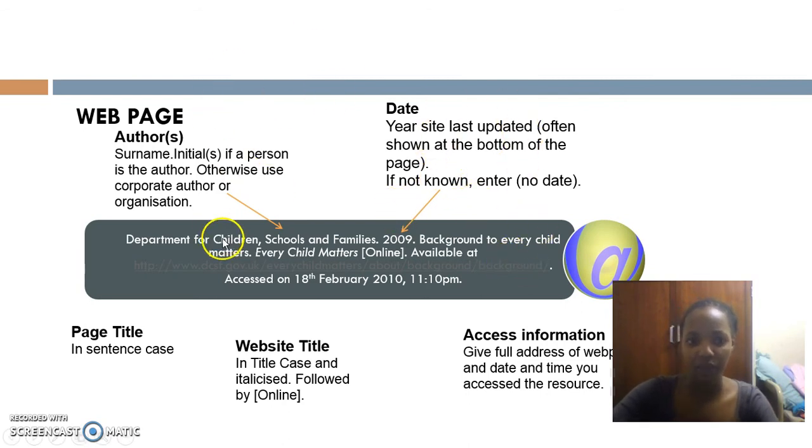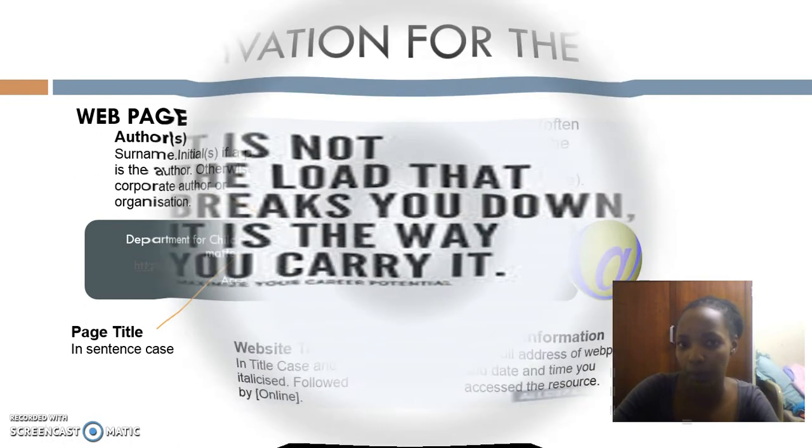And then we have the page title of that web page, and then the website title, which must be italicized, and then the access information, in which you give the full address of the web page and the date and time which you accessed that resource.